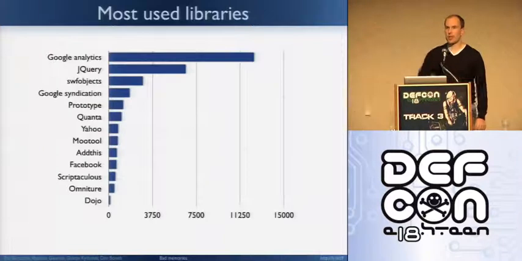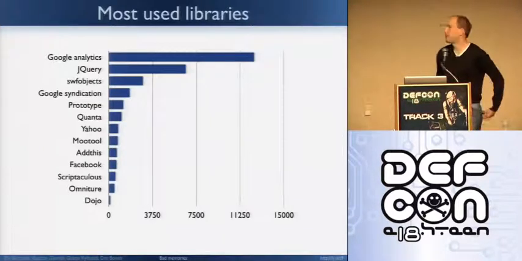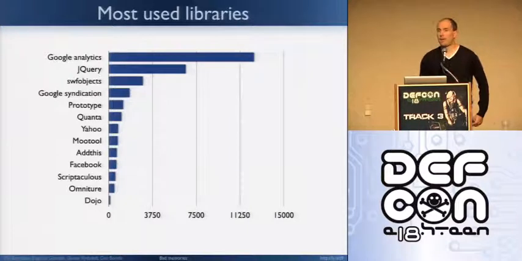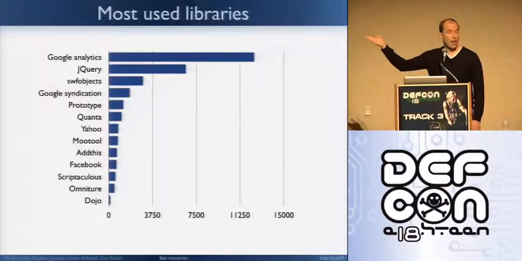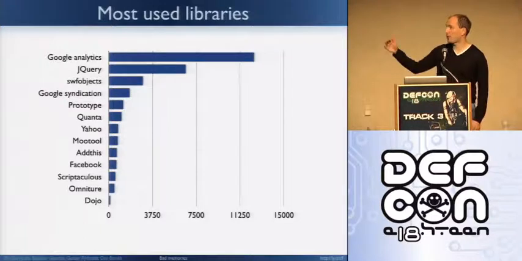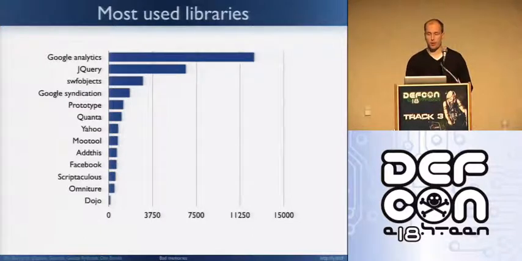So the first one is Google Analytics by far, followed by jQuery, and then you have SWFObject, which is basically the library used to load Flash objects into your page. Google Ads is fourth, and then you have Prototype, which is another JavaScript framework. So all of these are shared JavaScript libraries. Some of them are different: Google Analytics is shared, you have one instance of Google Analytics shared by everyone, and some people have their own version of jQuery, right? But all of them are external JavaScript files embedded into the page.